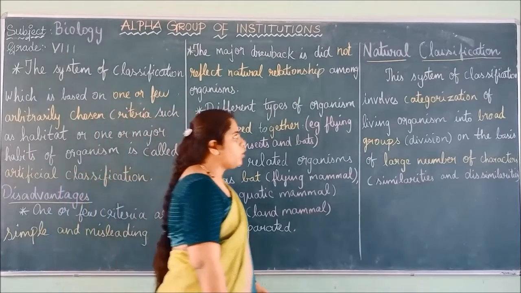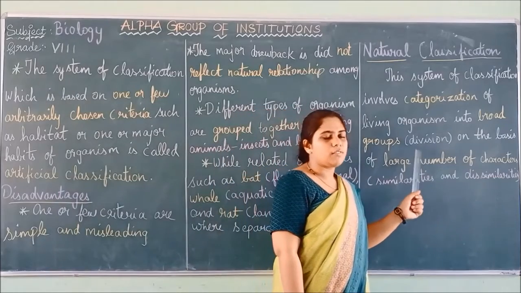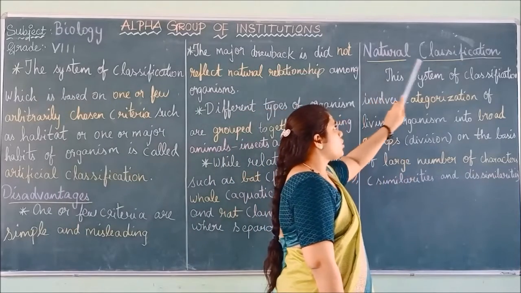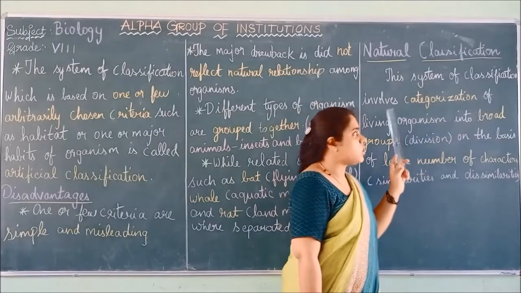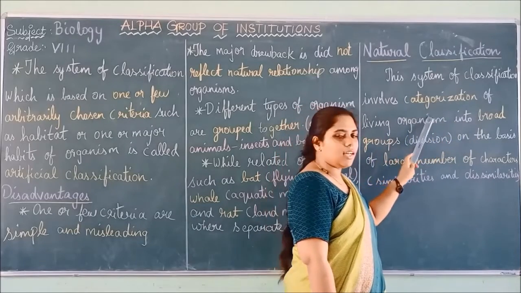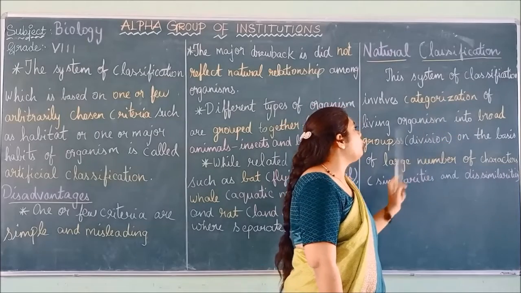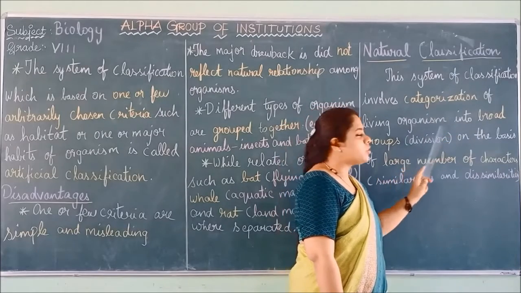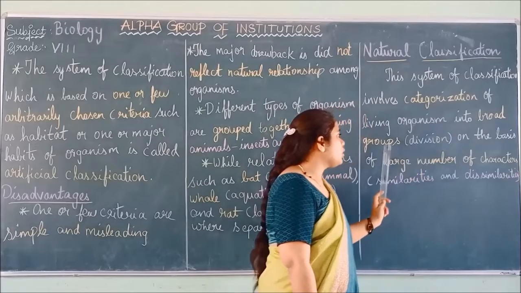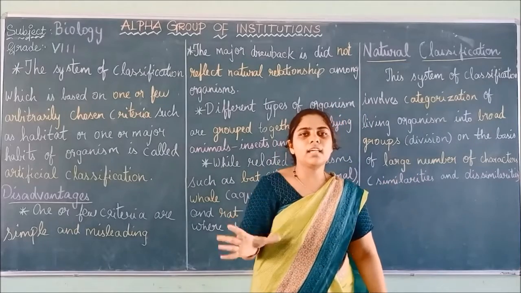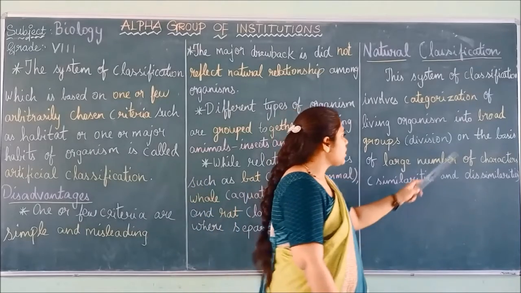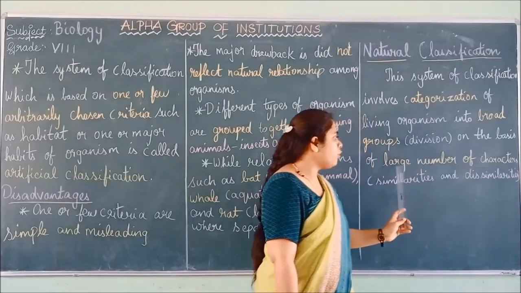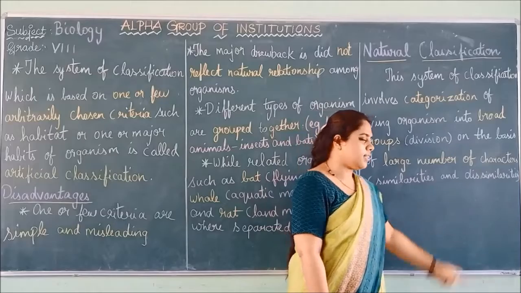Then we moved on to the next type of classification, that is natural classification. It is a system of classification that involves categorization, grouping of living organisms into broad groups, that is, making wider groups called divisions, on the basis of a large number of characters.